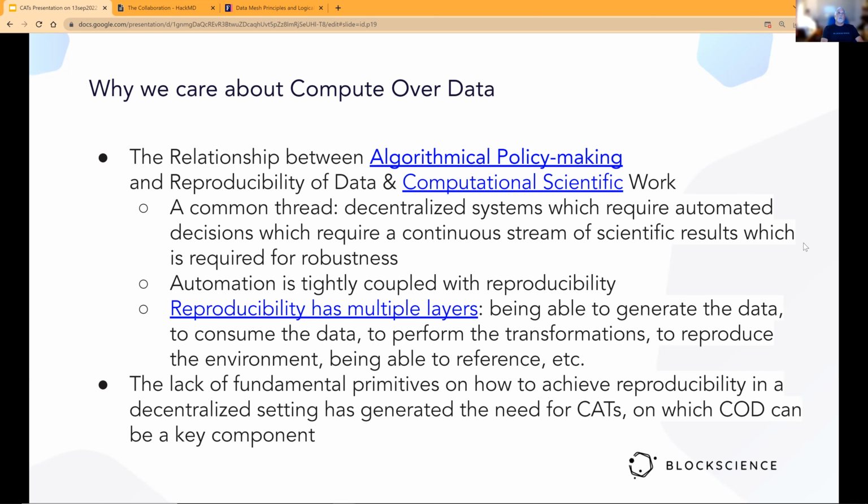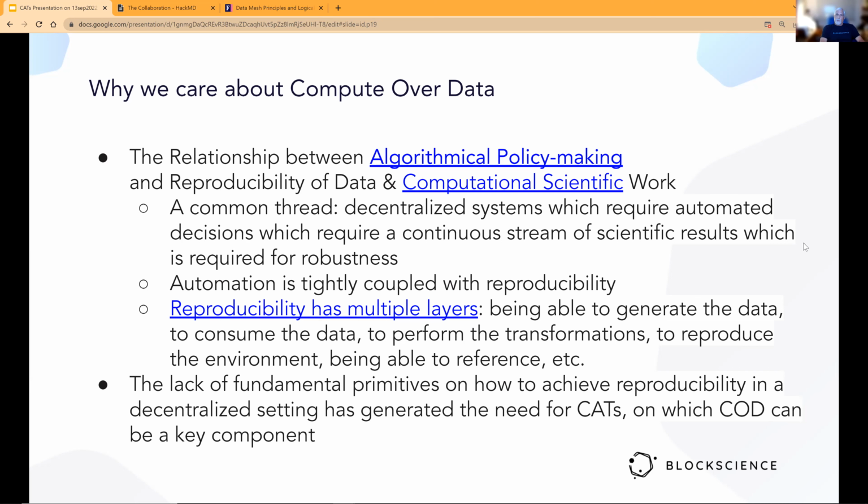The systems that we're developing are effectively algorithmic policy-making systems that we need to make sure work transparently and reproducibly. So CATS started out with that in mind.